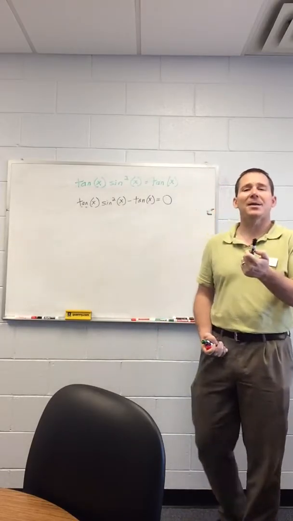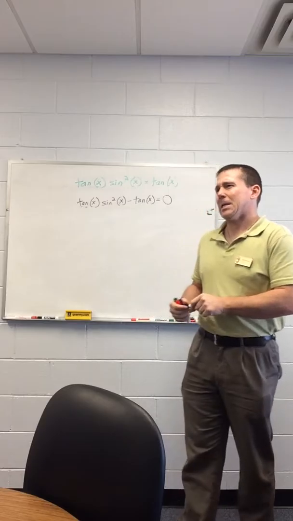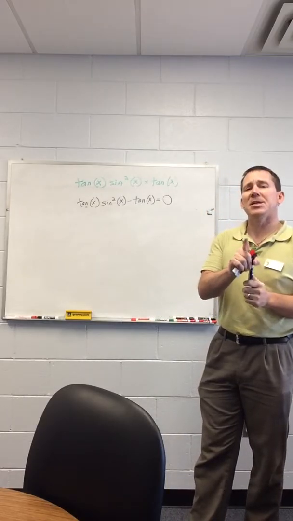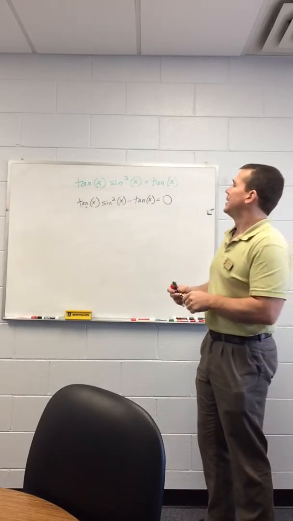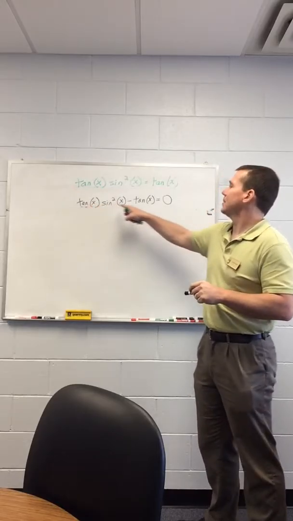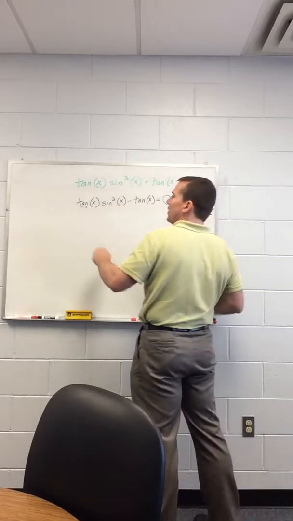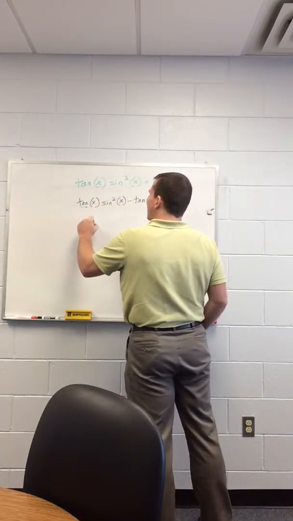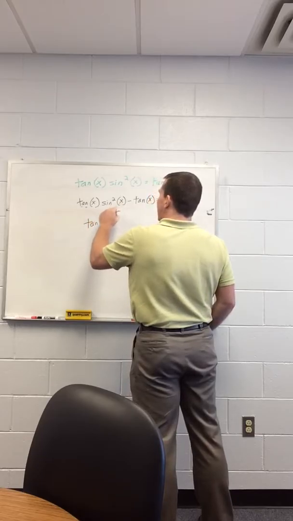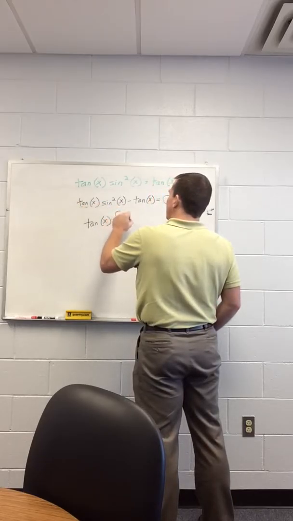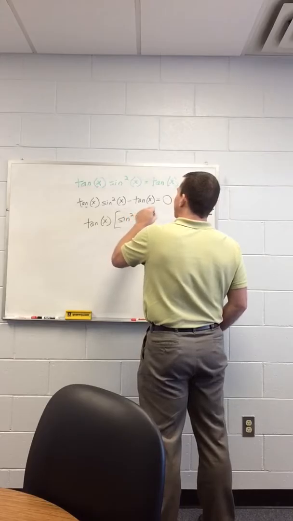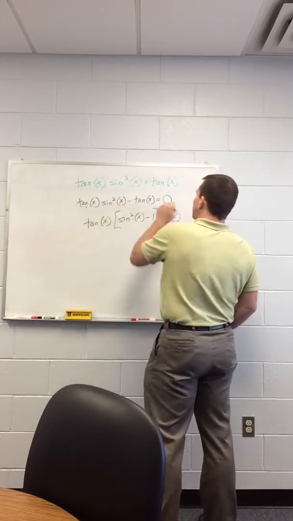If we were harkening back to 171, we would say once it's set to 0, try to factor it. In this case, there's a common factor, tan x, in both of them. So GCF, factor it out. Tan x times sine squared x minus 1 equals 0.